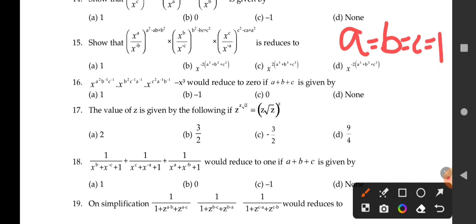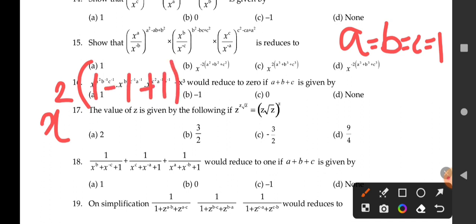So x power 1 and minus 1, you get x square, and a square into a square is 1 minus 1 plus 1. So 2 into 1.